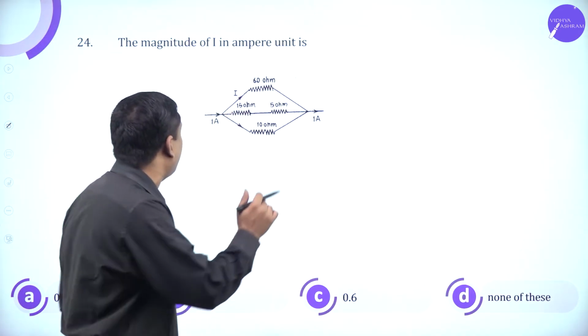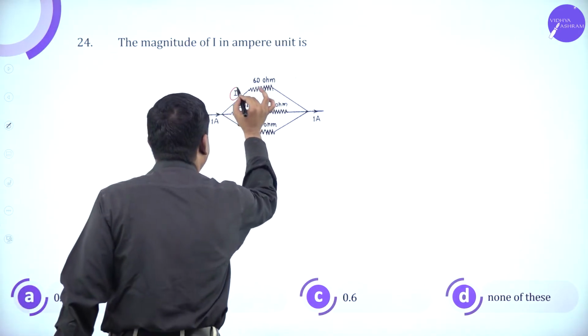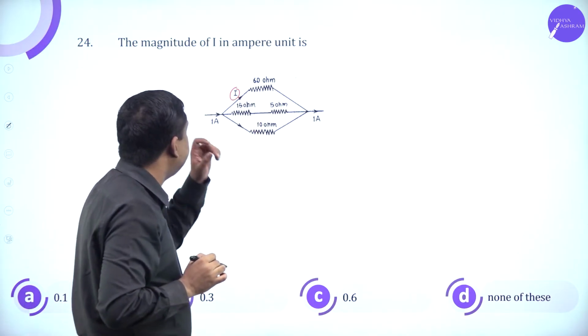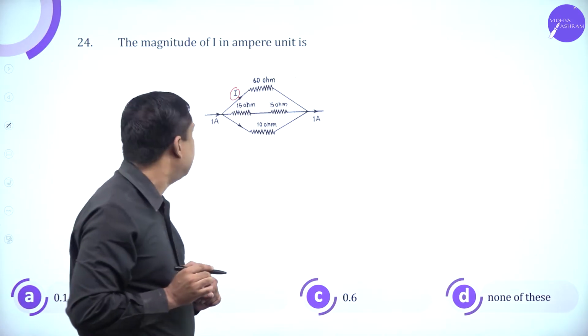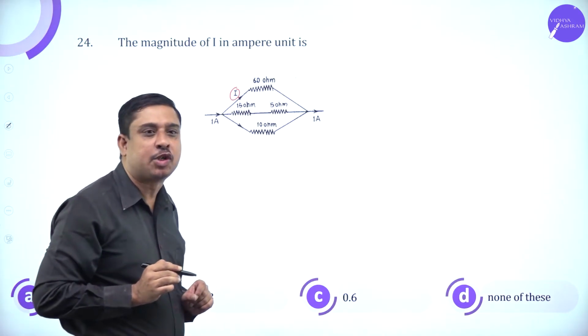The magnitude of the current I in unit called ampere has to be calculated.